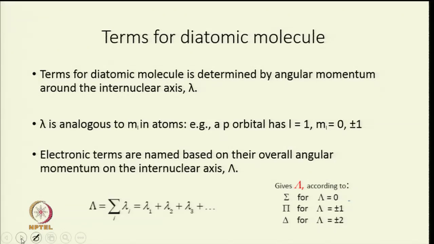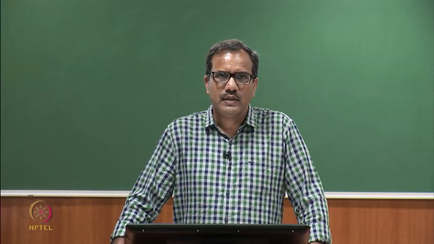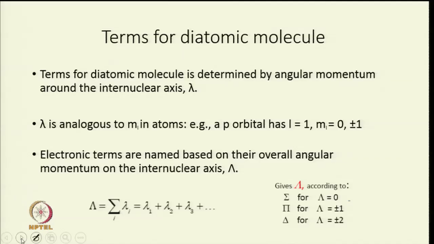So, as I discussed in the last lecture, terms for a diatomic molecule are determined by angular momentum around the internuclear axis. It is not determined by orbital angular momentum, it is determined by angular momentum around the internuclear axis, and that is denoted by lambda.